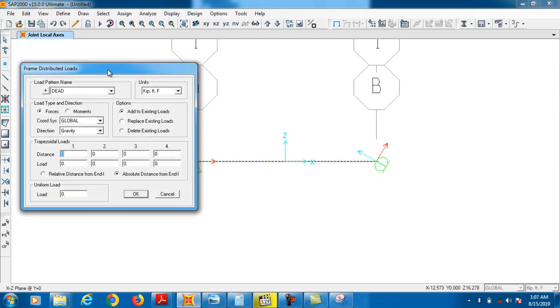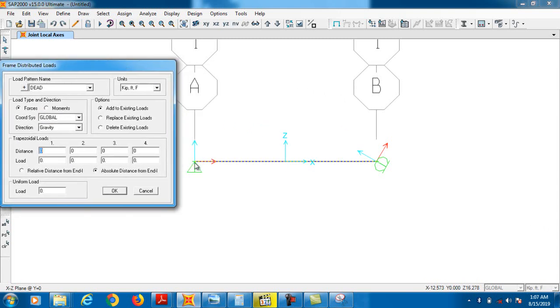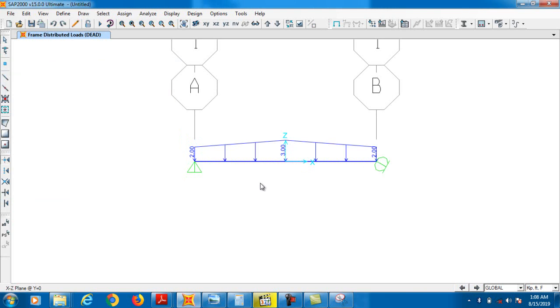At a distance 0 you have an intensity of 2 kilonewton per meter, at mid span, that is 12 feet, an intensity of 3 kilonewton per meter, and at 24 feet, the end point, again 2 kilonewton. The loading is symmetrical.